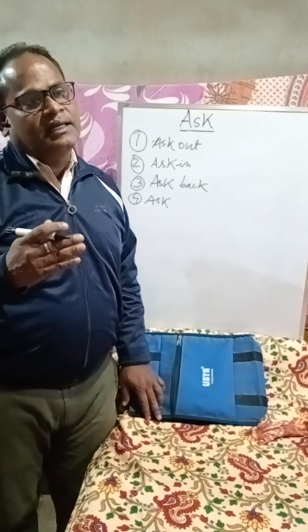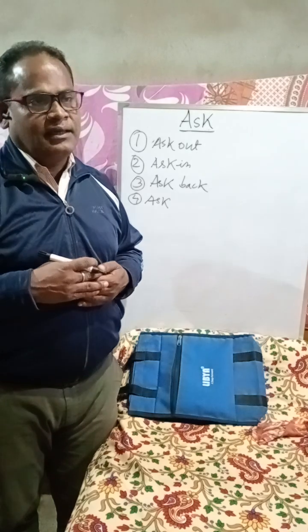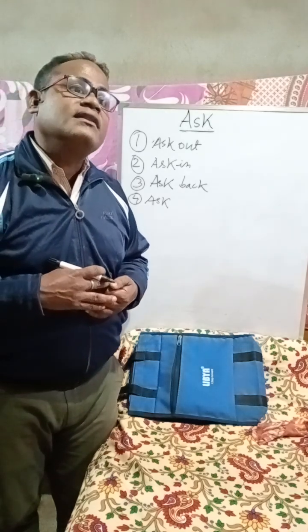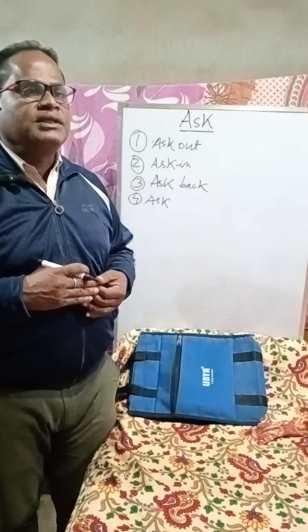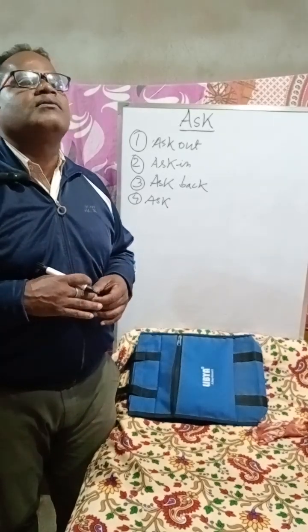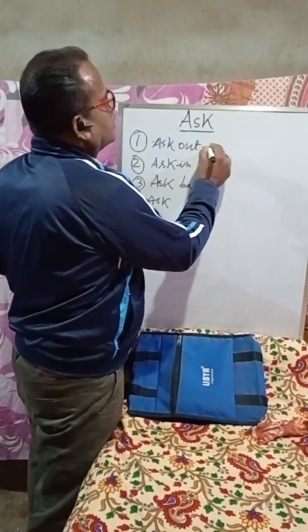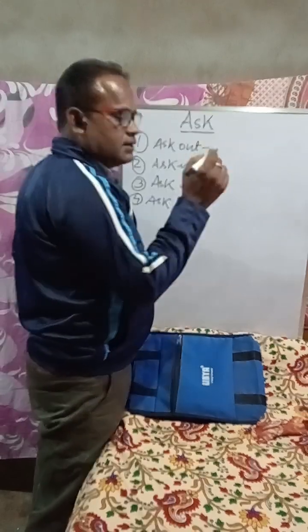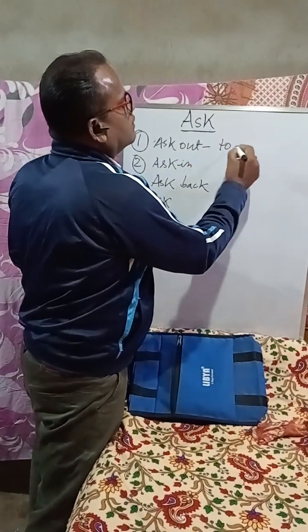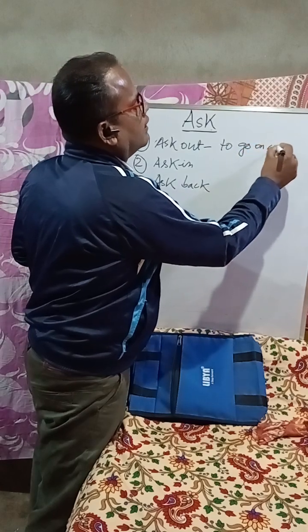Then he may request the girl to go on a date with him. So you need to have courage to ask someone out on a date with you. So to ask out means to request someone to go out, to go on a date.